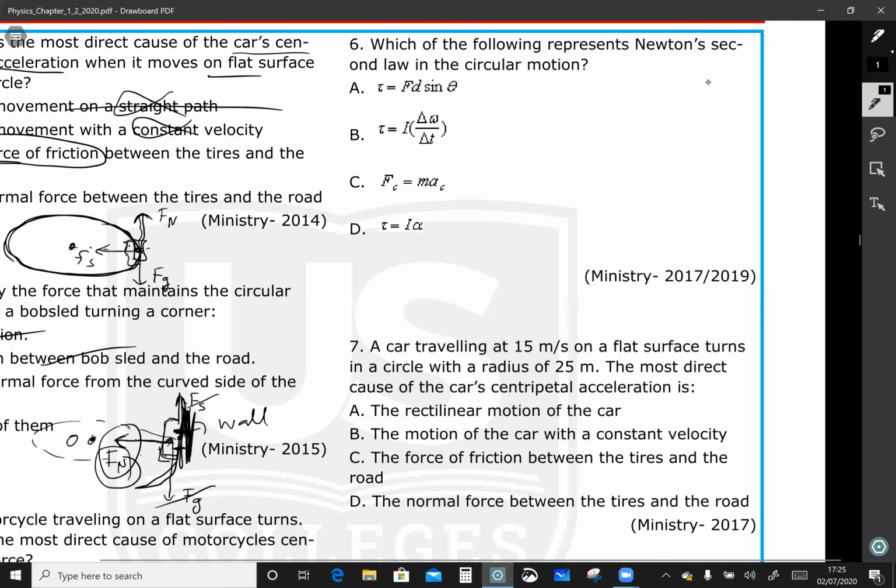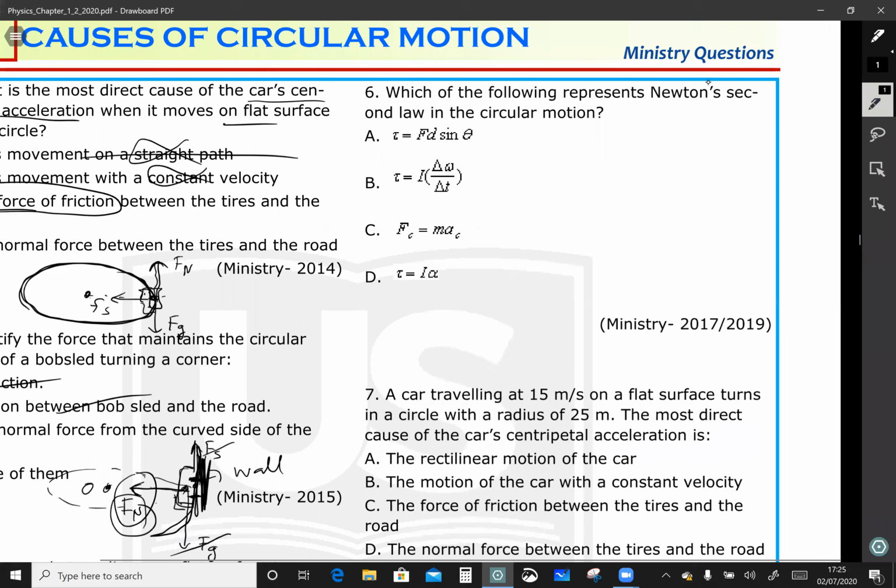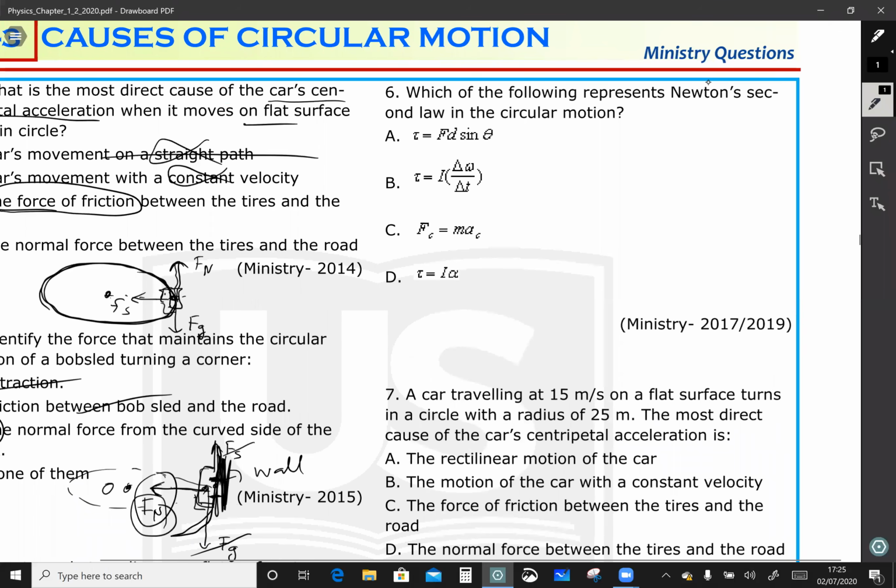Next one: which of the following represents Newton's second law in circular motion? Newton's second law, remember, says the sum of the forces acting on the object is equal to mass times acceleration. We are going to write this according to circular motion. In circular motion, we have centripetal force and centripetal acceleration.